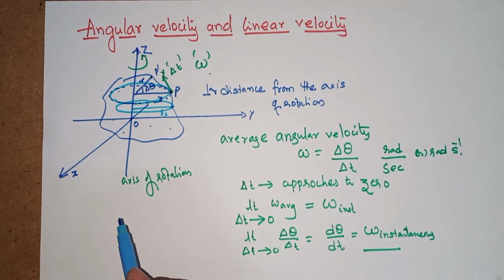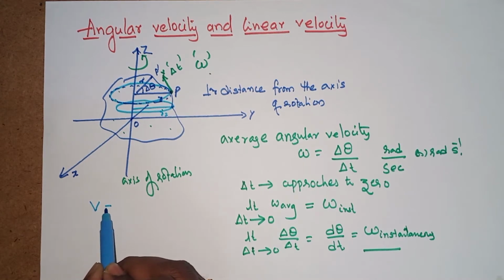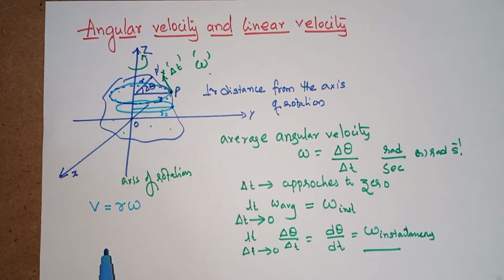What is the relation between the linear velocity v and angular velocity omega? v is equal to r omega.